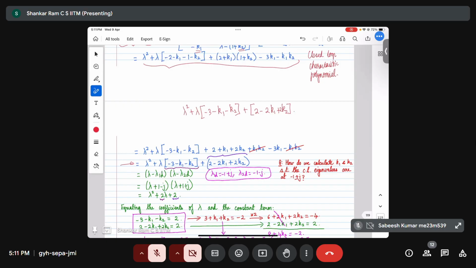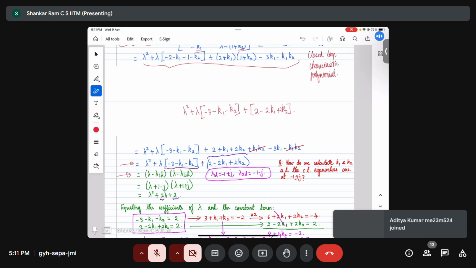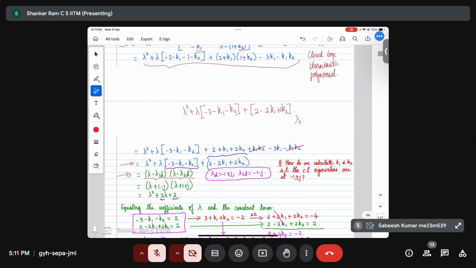An easier way is this: this is the closed loop characteristic polynomial, but the closed loop characteristic polynomial is also (lambda minus lambda 1 desired) times (lambda minus lambda 2 desired). Why? Because lambda 1 desired, which is -1 plus j, and lambda 2 desired, -1 minus j, are the desired eigenvalues of the closed loop state matrix. That is where you and I want to place the closed loop eigenvalues.